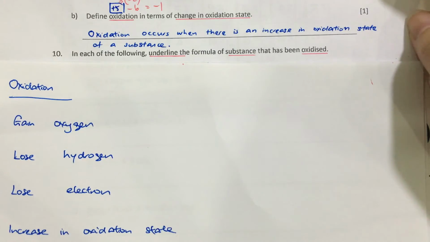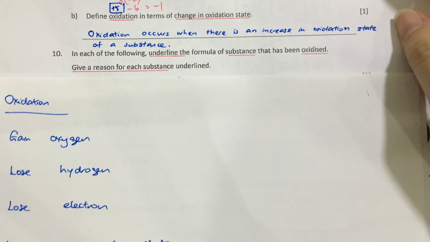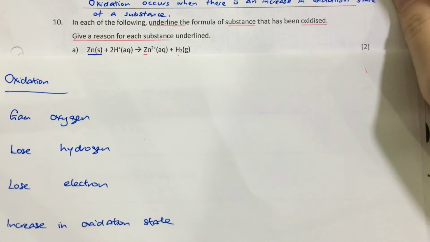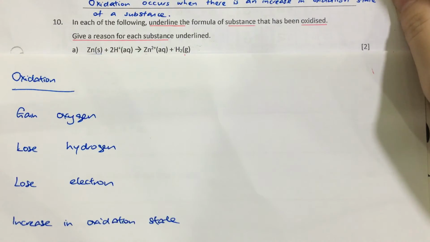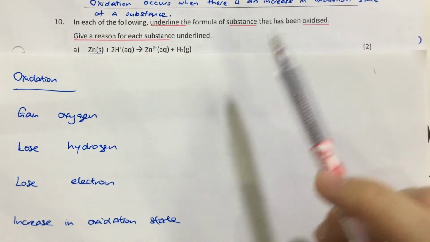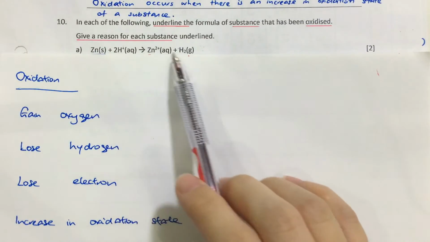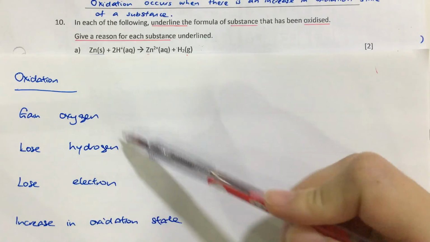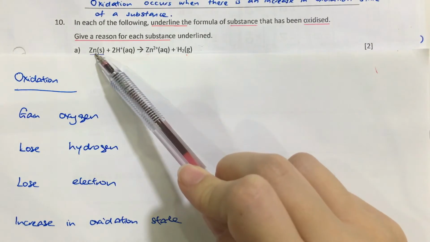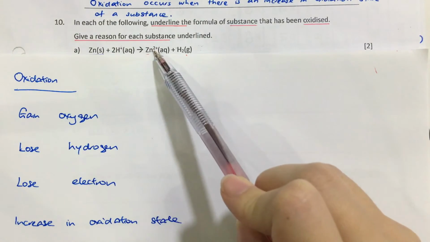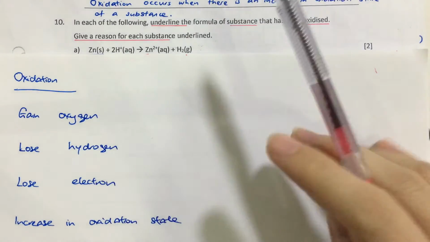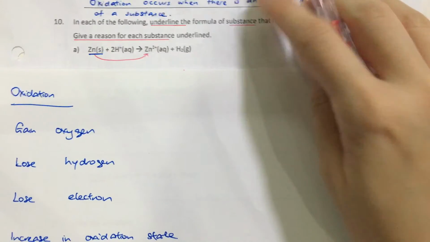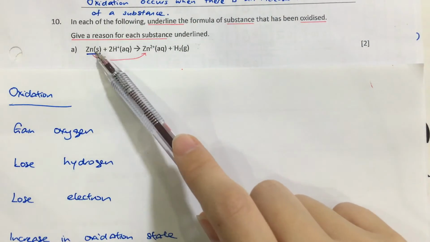Underline the formula that has been oxidized and give a reason. So let's look at this one. Okay, so here we have this happening. Can it fulfill any of these four? If you notice, from zinc, an atom, to a positive ion means that it has lost electrons. So definitely this is the one that has been oxidized.